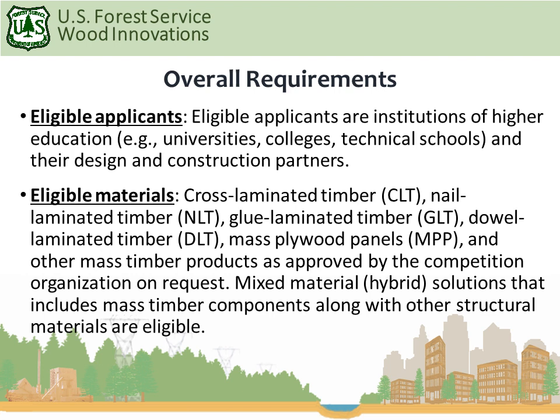And eligible materials are cross-laminated timber, nail-laminated timber, glue-laminated timber, dowel-laminated timber, mass plywood, and other mass timber products. If they're in question, just reach out to Michael or me, and we can let you know if this is an approved material. Also, hybrid building solutions are eligible for this funding.